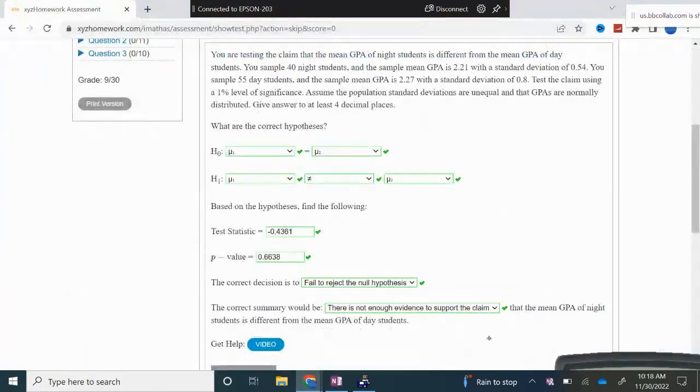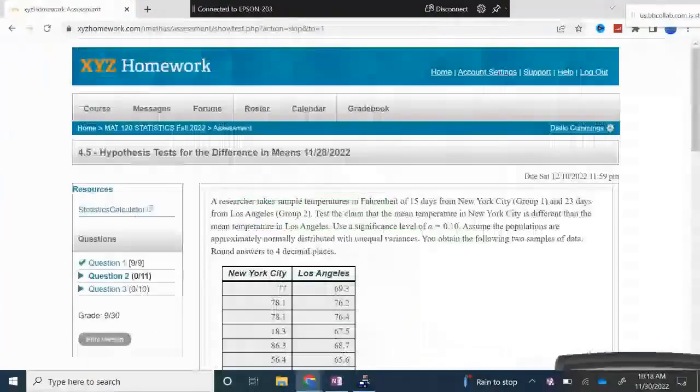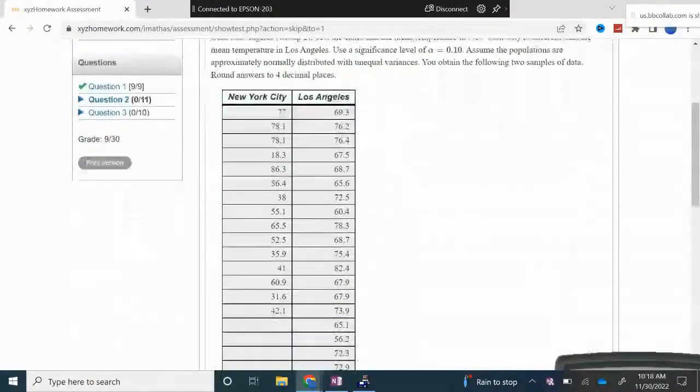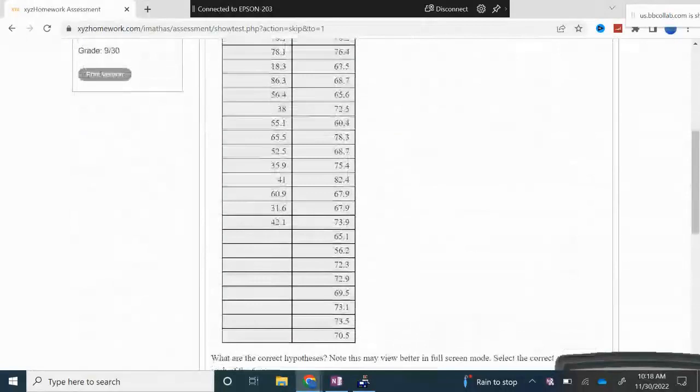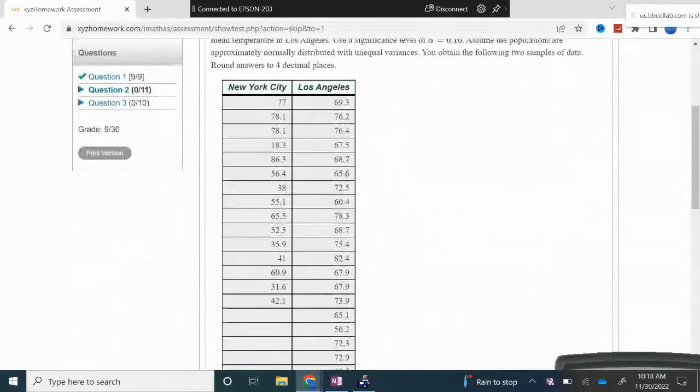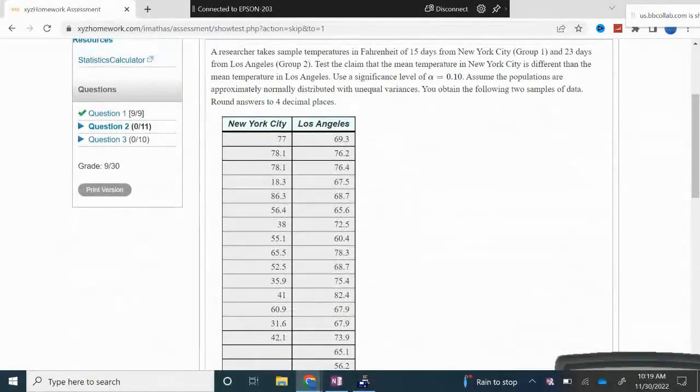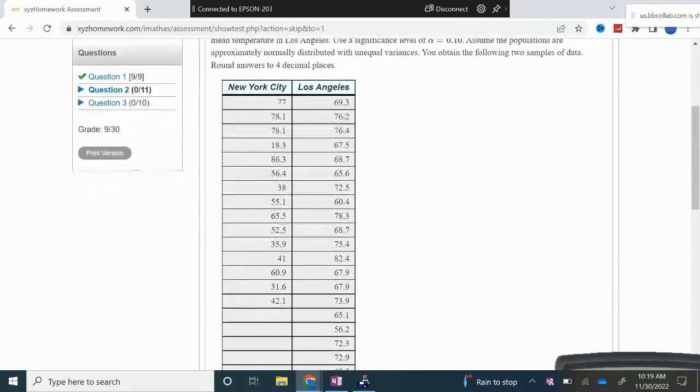Okay, now the second problem, instead of giving the statistics, we are given the data. So here's just the difference in the two problems. It says a researcher takes sample temperatures in Fahrenheit for 15 days from New York City, and that's from group 1.